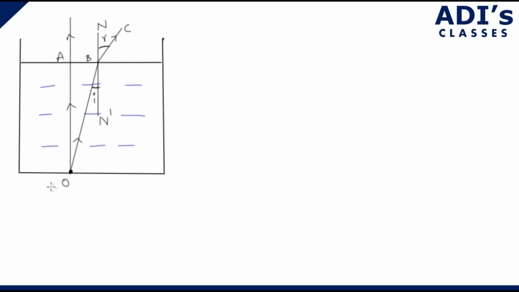Now OA is the actual depth of the object, correct? What we are trying to find out is the normal shift. To find the normal shift, first we need to know the refractive index of the medium. Here we are taking water, but it could be any other material also. For that, we retrace the path back.